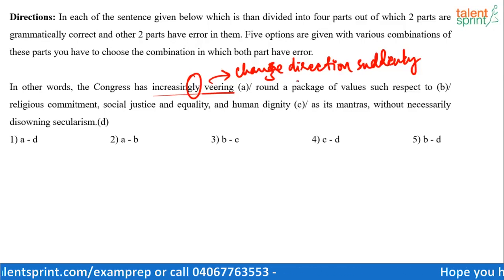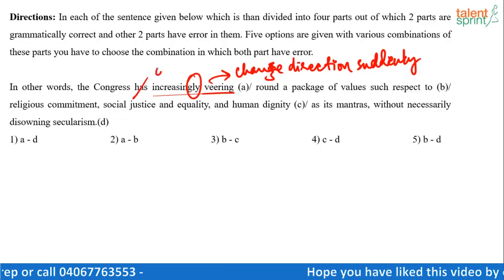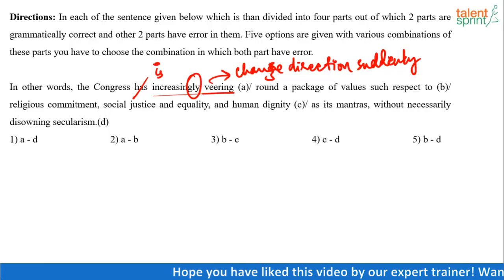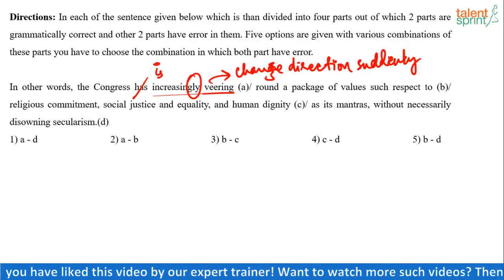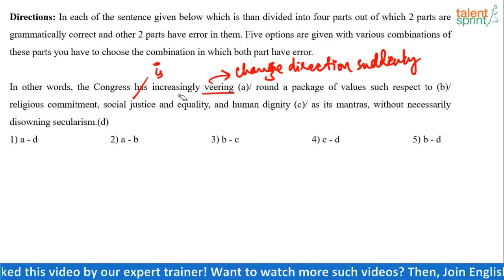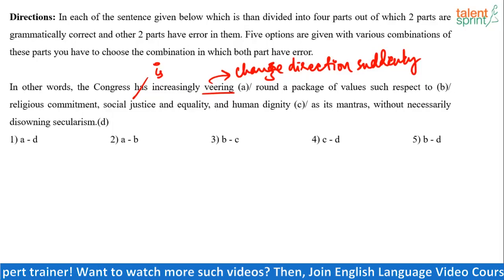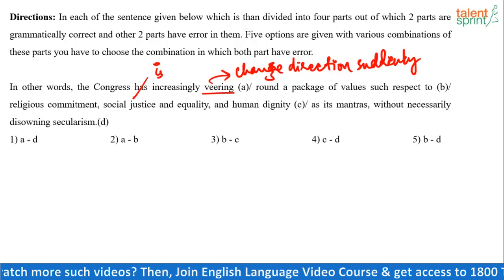Now, instead of changing increasingly, if we just make it "is", it will make the entire statement right. In other words, the Congress is increasingly veering round. So we do not have to change the ly over here. Alright, so that is the error.